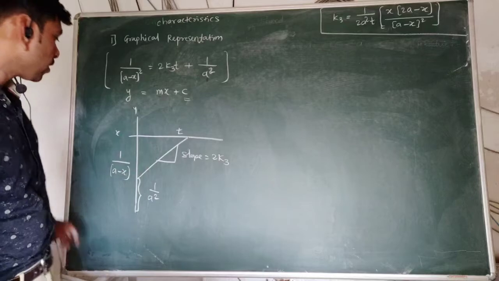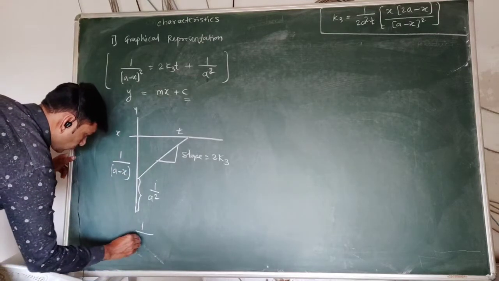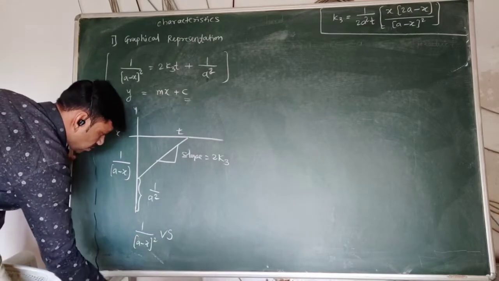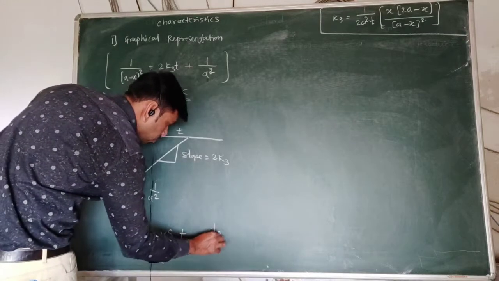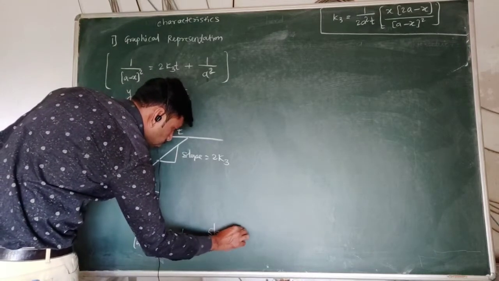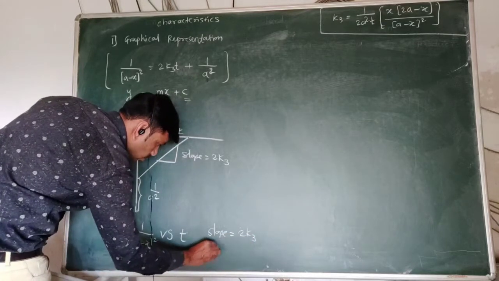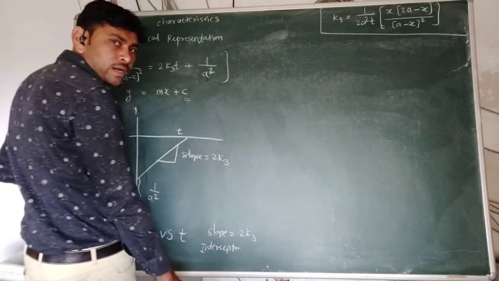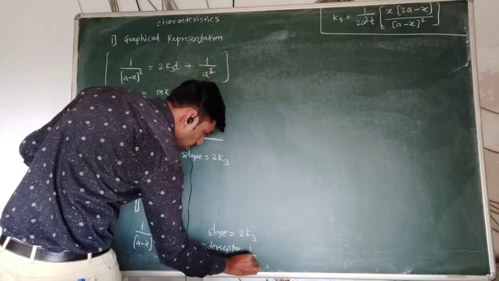So this is the graphical representation: 1 upon a minus x square versus time, with slope equal to twice k3 and y intercept equal to 1 upon a square.